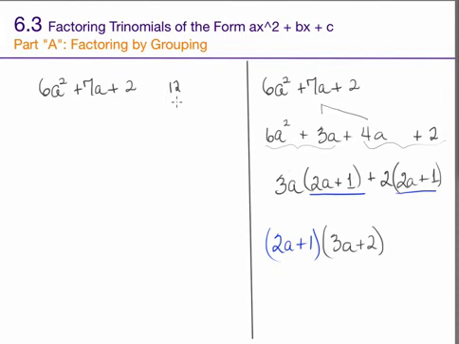I've made a note of my product, and I'm going to make a note of my sum as well. And then I'm going to write all the different ways that I can write 12 as a product of two numbers. Once I've done that, I can take the sum of these two numbers and write it in this column.